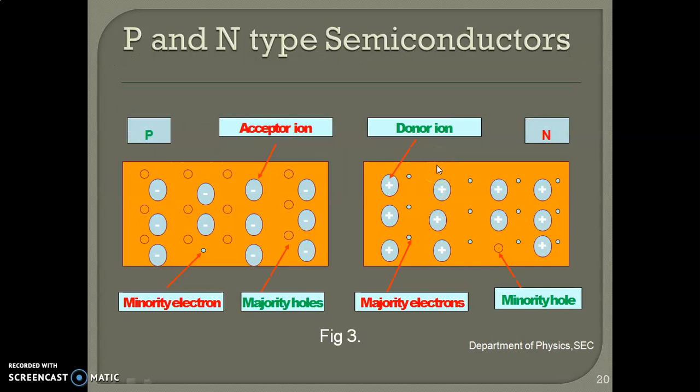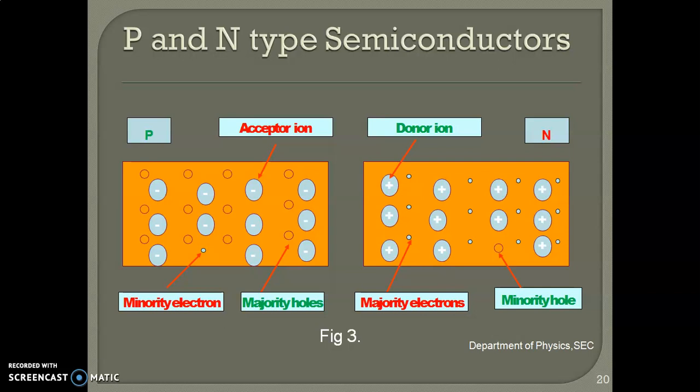See, this is a P and N type semiconductor. Here, this diagram indicates the acceptor ions and donor ions. On the left side, the P-type semiconductor is there, and on the right side the N-type semiconductor is there. On the left side, the acceptor ions are there, and on the right side, in the N-type material, donor ions are there.